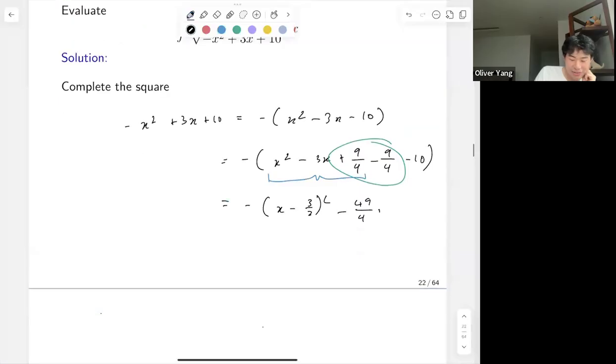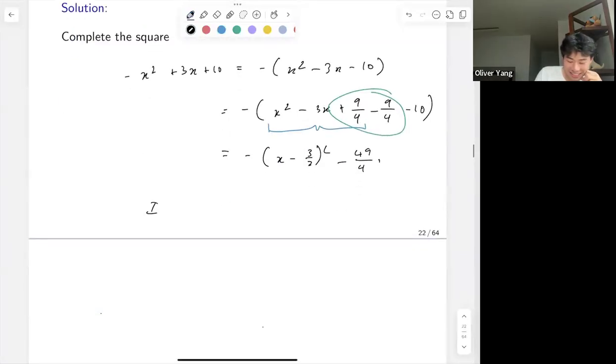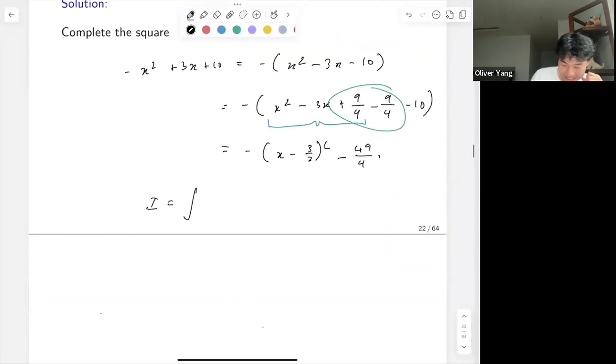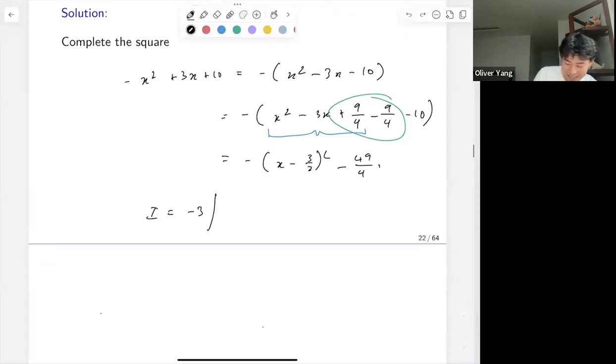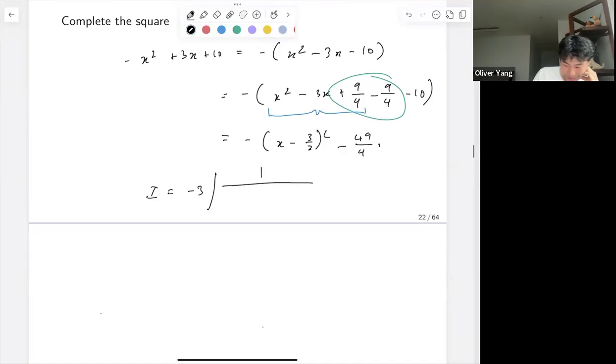All right, cool. Now let's just rewrite our integral. So our integral becomes, let's bring the negative out, we don't want that there, so it's all positive and nice. So 1 over, oh, be careful of the negative, this should be plus.